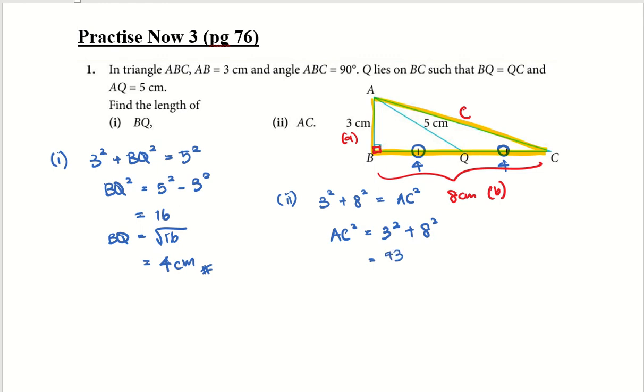Press your calculator, you end up with AC square to be 73. Last but not least, don't forget to take the square root. And that will give you a value of 8.5440 in 5 SF first, before you round to 3 SF, units in cm. This will be question number 1.